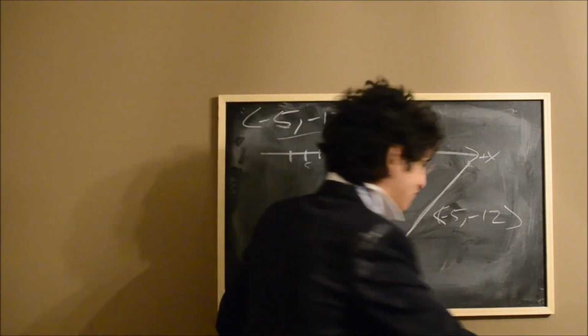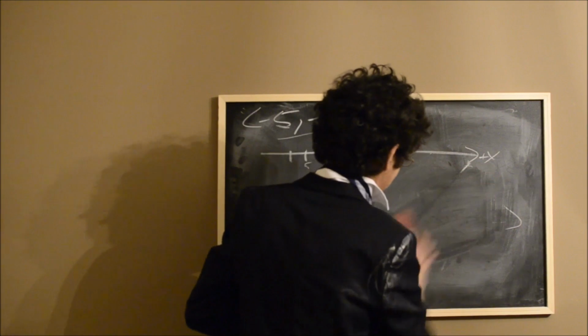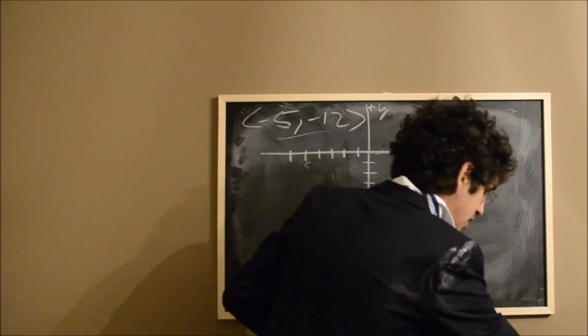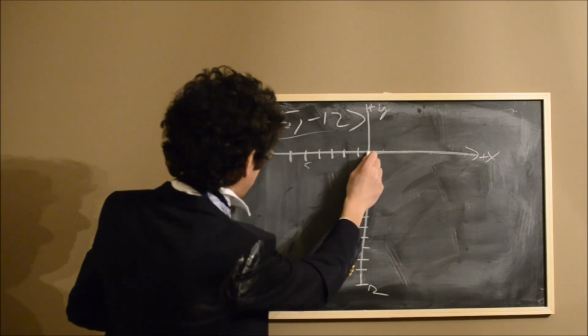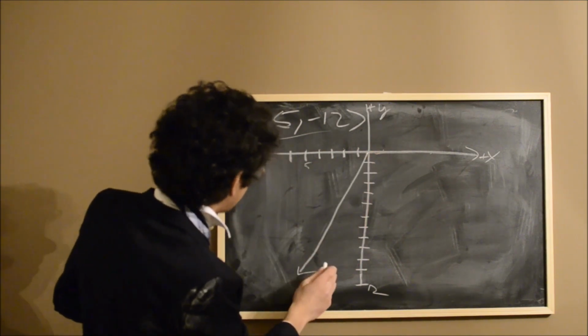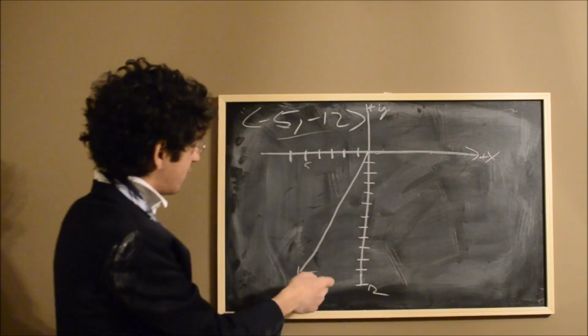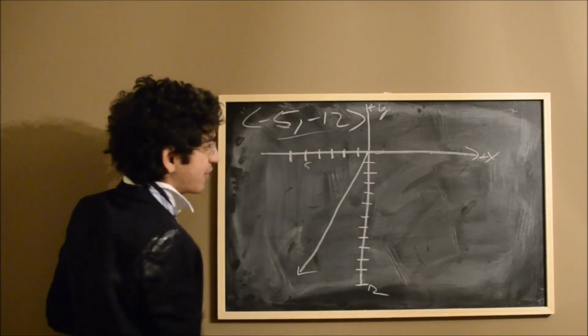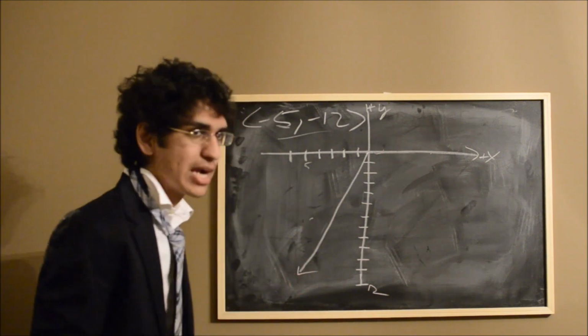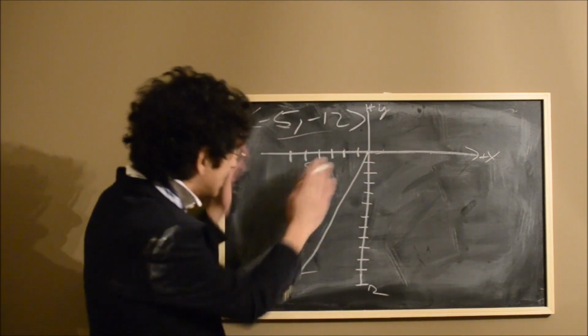So I'm going to do that first. So I draw the vector. That's still -5, -12. It's the same vector, I just shifted it over here. Same magnitude, same direction, same exact notation, same vector.